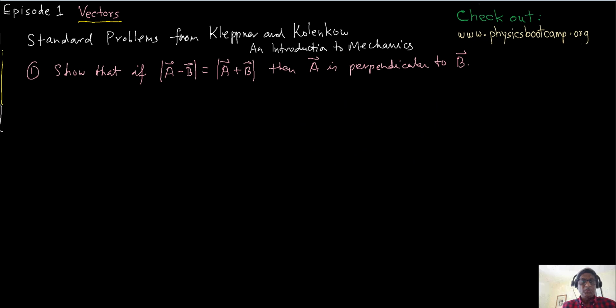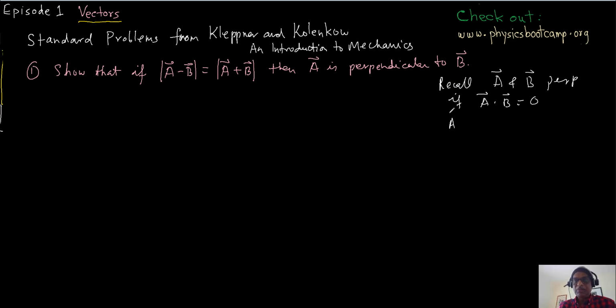Okay, so this is a very generic problem, and I'll take some problems from Kleppner and Kolenkow. I like their problems very much. So here is a nice problem, and I forgot to mention that in the dot product, you may recall that A and B are perpendicular if A dot B turns out to be 0, right?